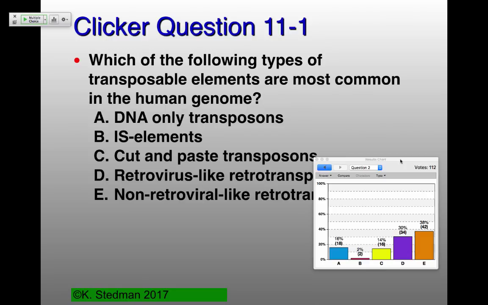Would you like me to review lines and signs really quickly and what those abbreviations stand for? So lines are the long interspersed nuclear elements and the S just makes small interspersed nuclear elements. Those are sequences with many, many copies in our genome.